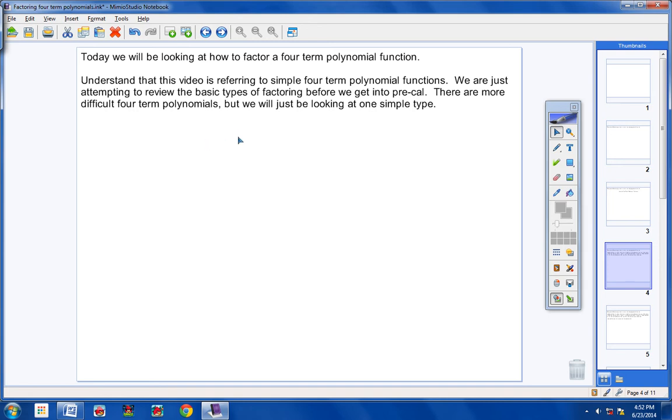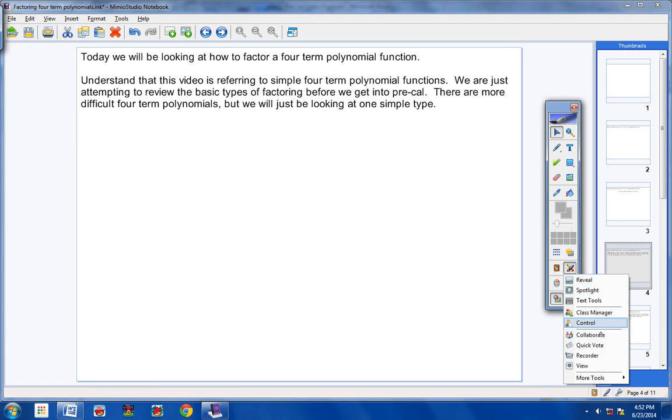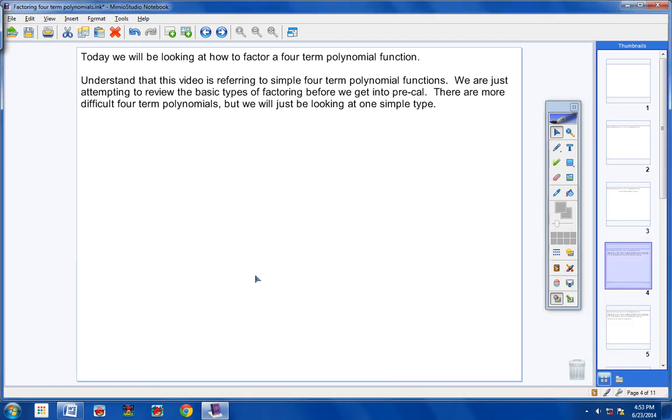Students, it is very important that we can very quickly factor trinomials with a lead coefficient of 1, factoring trinomials that do not have a lead coefficient of 1, factoring binomials that are perfect squares or perfect cubes, and then also with what we're looking at today, factoring four-term polynomial functions. It's real important that we can do this.